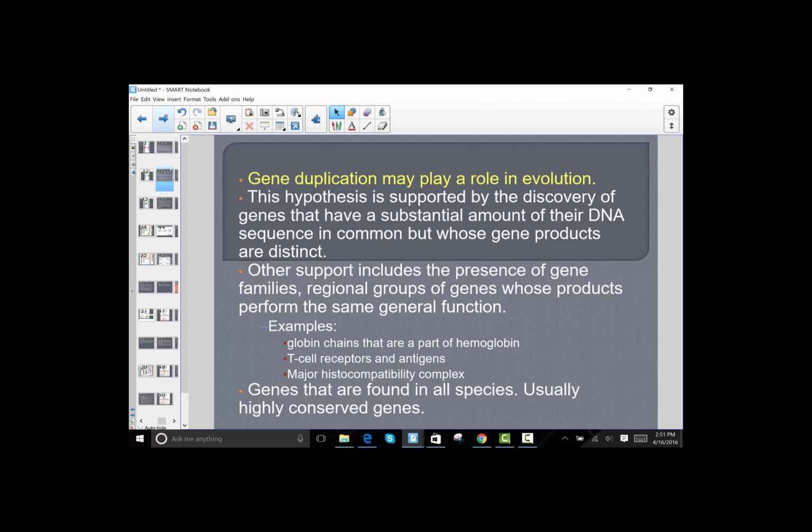These are genes that are found in all species, and they are typically highly conserved because they are performing a specific function. You wouldn't want all of your globin genes to be so different across species, because then they wouldn't have the same function. But we do know that through time we have evolved different types of these genes that have different products working together for a specific function.